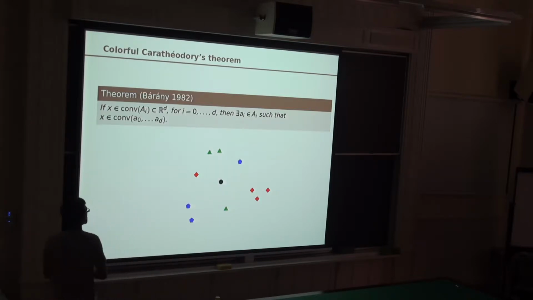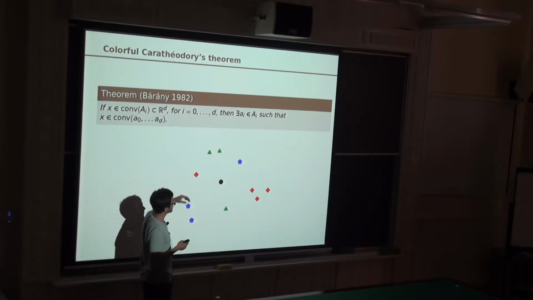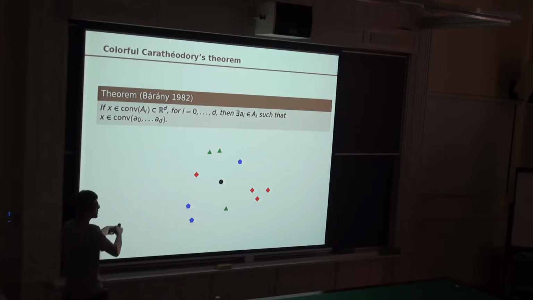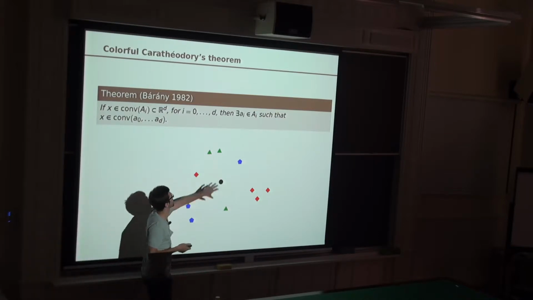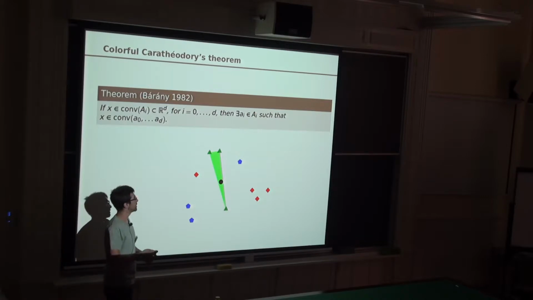And this is Bárány's colorful version of this theorem. Now instead of one point set, you have d+1 point sets. We usually imagine them as a point set where the points have colors. So here I have the red point set, the green point set, the blue point set. Each one of them will contain the origin in its convex hull.